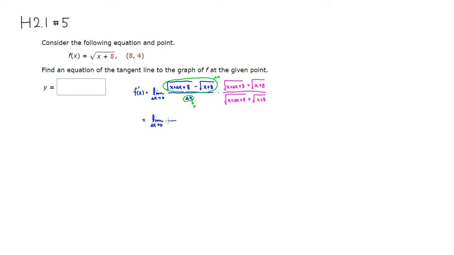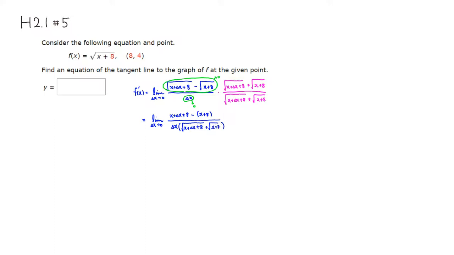You have a minus b times a plus b, so it's going to be a squared, which gives you x plus delta x plus 8, minus b squared, which is x plus 8. On the denominator, you can't really do much, so I'm going to just put delta x times square root of x plus delta x plus 8 plus square root of x plus 8.